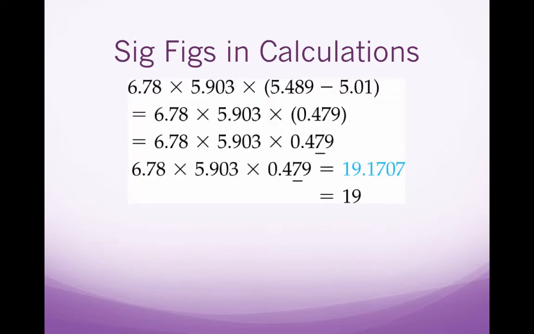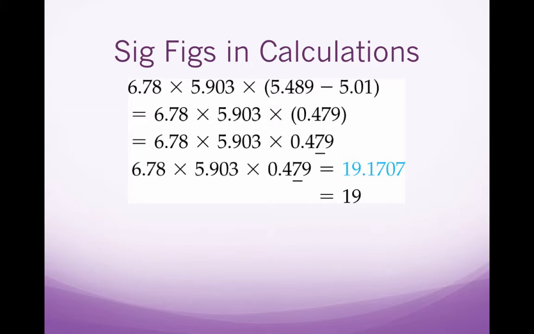Okay, let's talk about if you have multiplication and division within the same problem. How do we get sig figs? So in this example, we have 6.78 times 5.903 times, and then in parentheses, 5.489 minus 5.01.